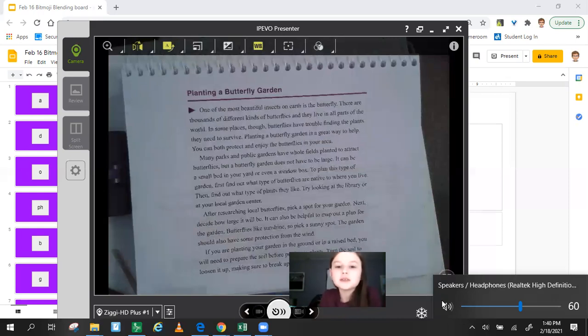One of the most beautiful insects on earth is the butterfly. There are thousands of different kinds of butterflies, and they live in all parts of the world. In some places, though, butterflies have trouble finding the plants they need to survive. Planting a butterfly garden is a great way to help. You can both protect and enjoy the butterflies in your area.